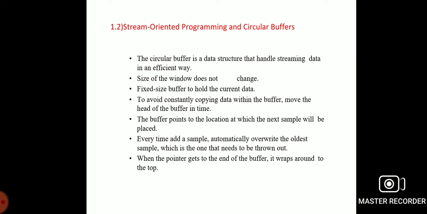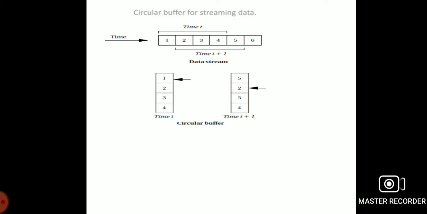So the size of the window, we can see this window, does not change because it is a fixed-size buffer to hold the current data, and we can analyze the previously output data. So we can avoid constantly copying the data within the buffer to move the head of the buffer from time to time.